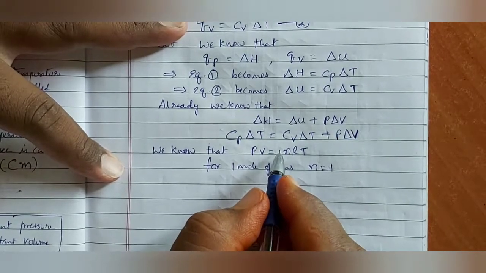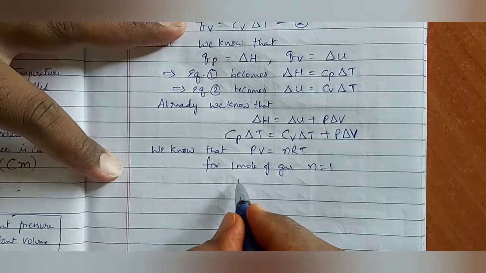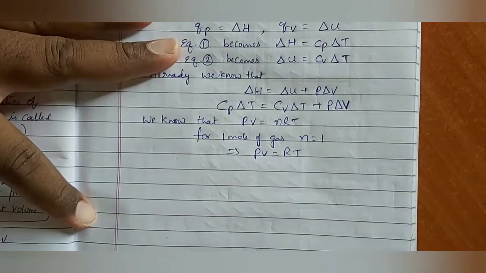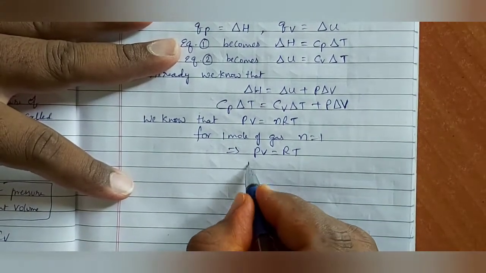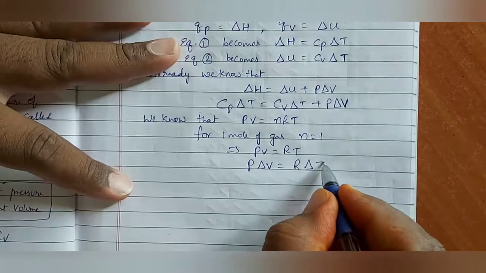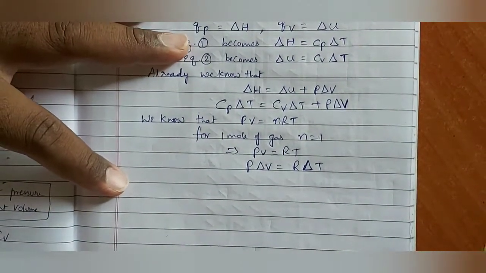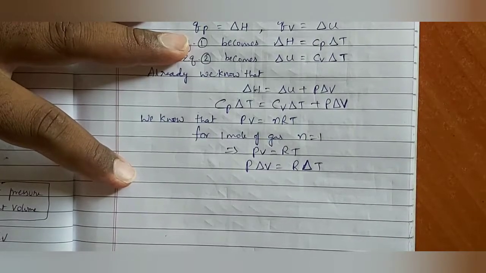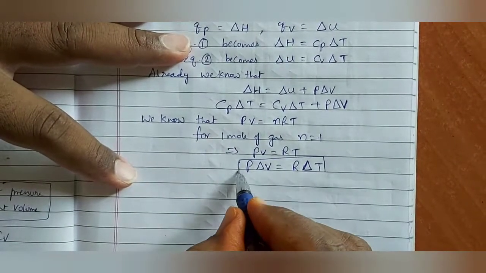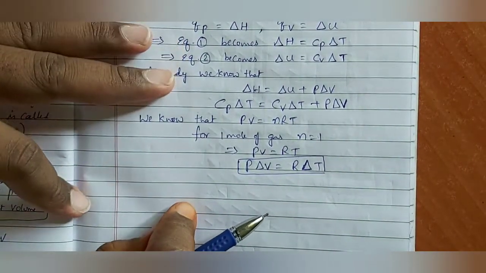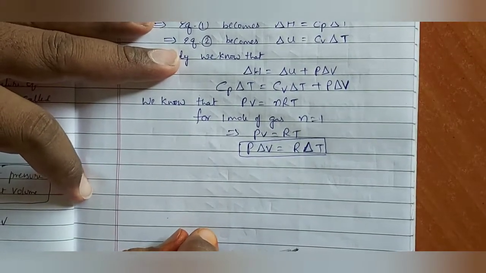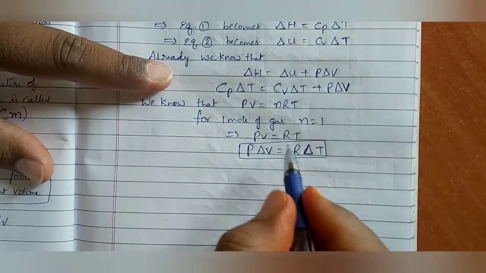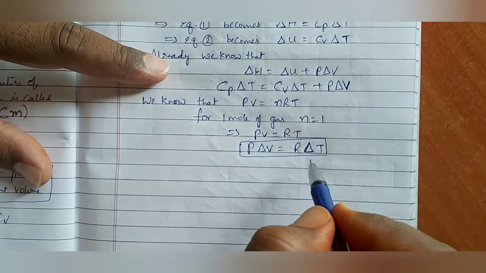Then PV is equal to RT, so P into delta V is equal to R into delta T. Substitute this here. Instead of P delta V, we can write R delta T.